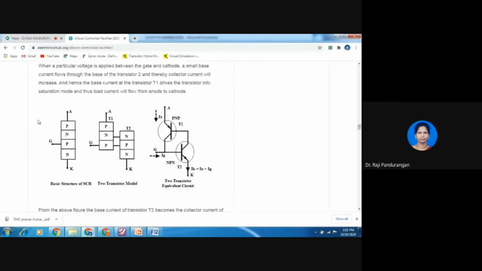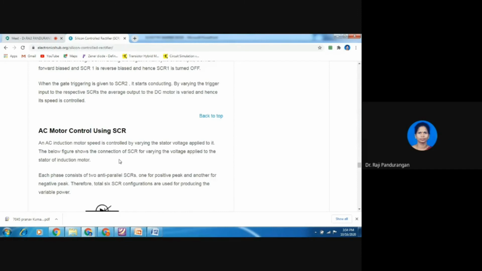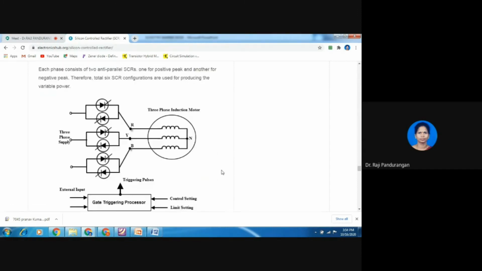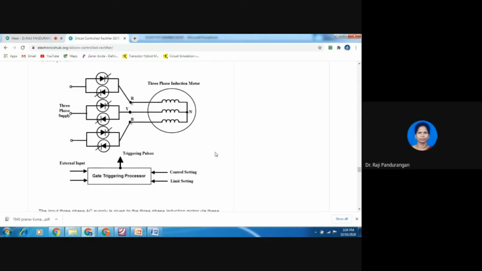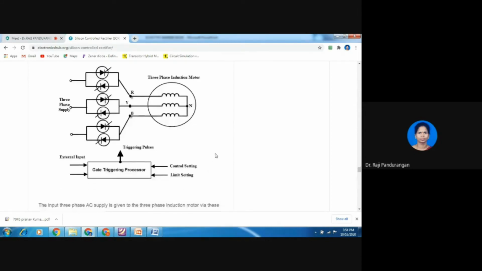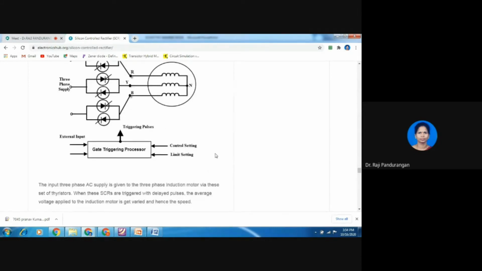If I split this SCR, I can make it into regulated power supplies and AC switches. So that's what the circuit is here. An AC alternating switch, and here for a 3-phase AC supply. AC supply does not mean your household equipment.